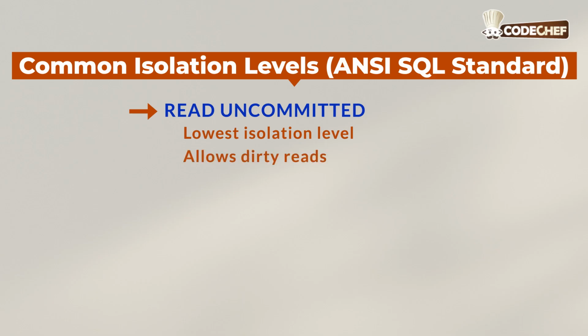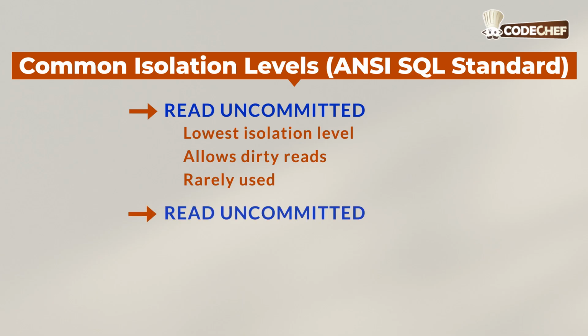Second, it allows dirty reads. A dirty read means one transaction can read data modified by another transaction and that data is not yet saved. It is still being modified or still in process. Third point, it is rarely used. Because this is the lowest isolation level, we rarely use it.